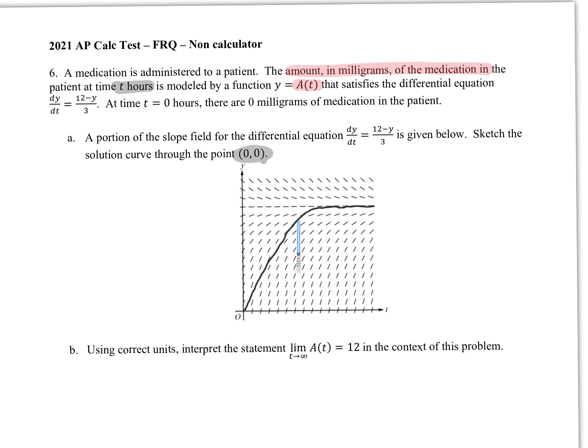It's exactly why Coop is not allowed to actually hit this horizontal asymptote, because we're not going to equal 12, which would be a hard thing to not say. So it says, interpret it.